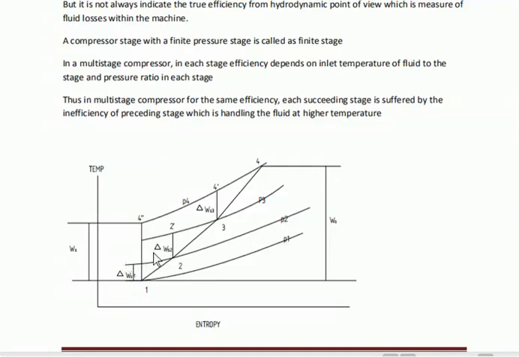Delta Ws2 indicates the second stage isentropic work done, and delta Ws3 indicates the third stage isentropic work done. So Ws1 is the first stage isentropic work done, Ws2 the second stage, and Ws3 the third stage.